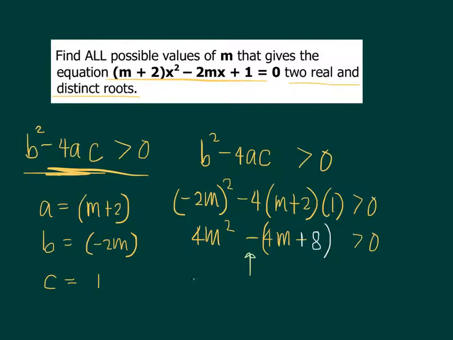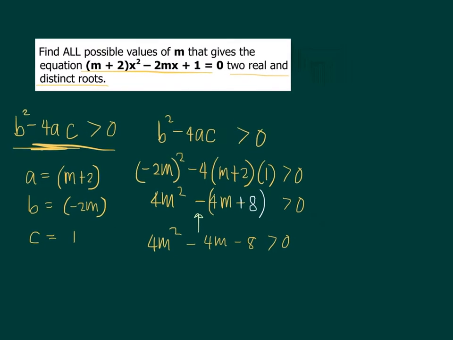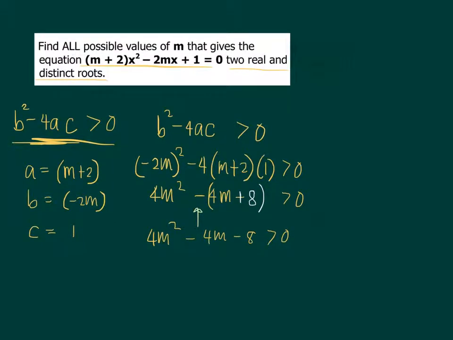And then you have 4m squared minus 4m minus 8 is greater than 0. Then we continue by solving this inequality. As you can see, we can still divide by 4 on both sides. So this would mean m squared minus m minus 2 is greater than 0.